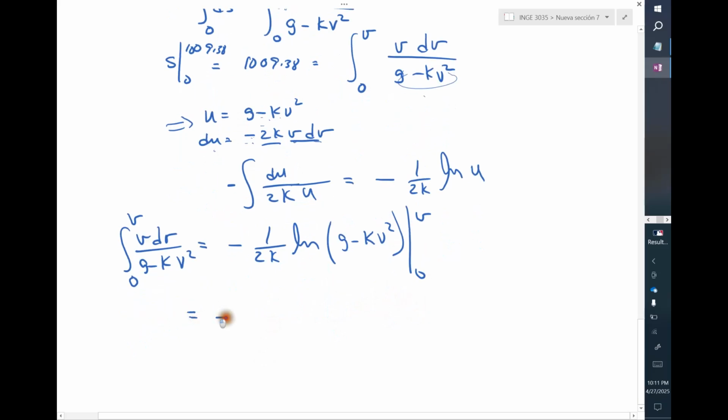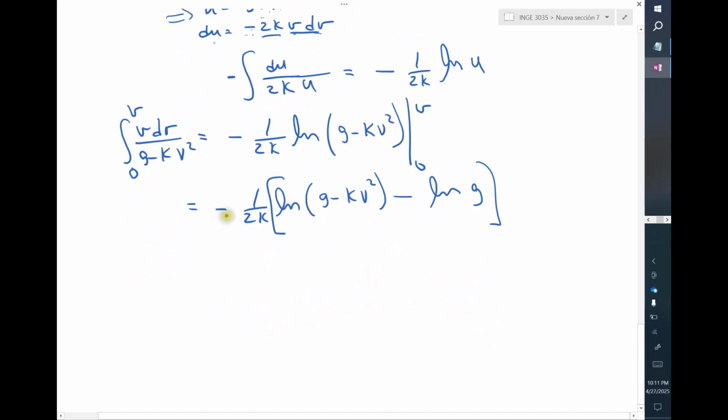So we end up with negative 1 over 2k times the log of g minus kv squared minus the log, when this is 0, so minus g. So this negative here, if you combine with the logarithm rule, ends up being positive 1 over 2k times the log of g over g minus kv squared. This is getting pretty much done.